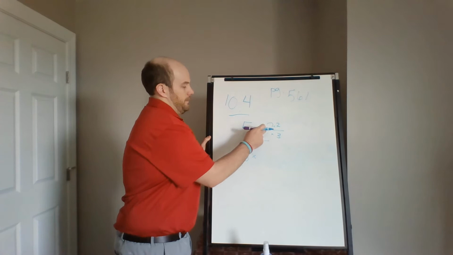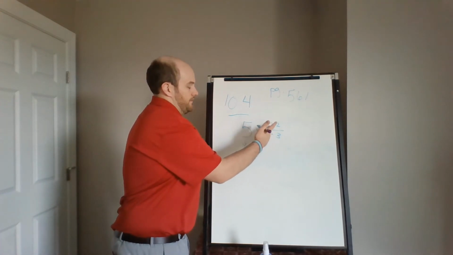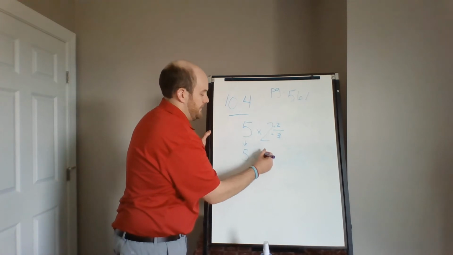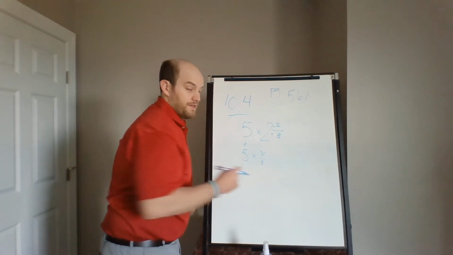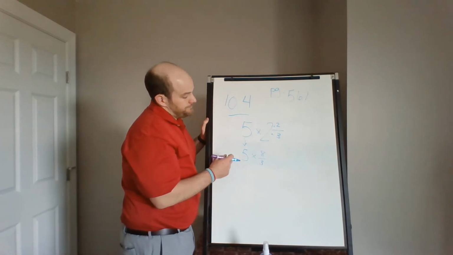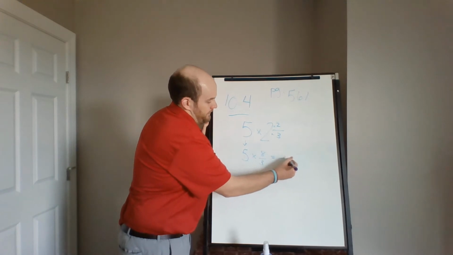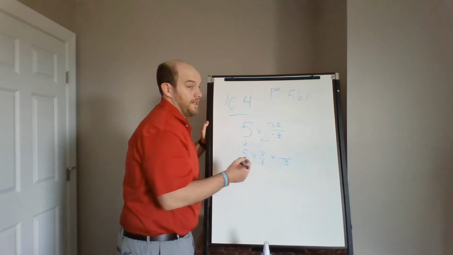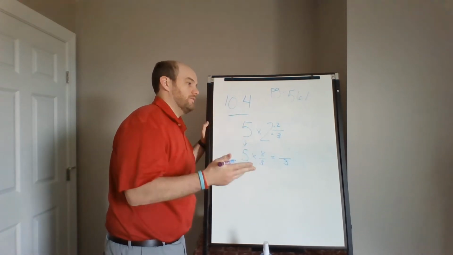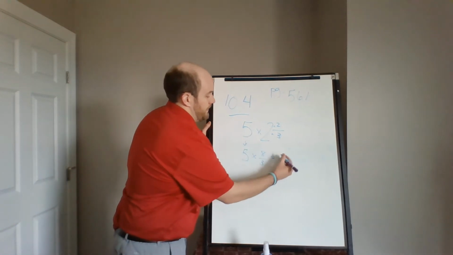Okay, so 2 times 3, 2, 4, 6. 6 plus 2 is 8 over 3. Our denominator never changes. All right, now we have to multiply 5 times 8. Denominator never changes. 5 times 8, 5, 10, 15, 20, 25, 30, 35, 40.